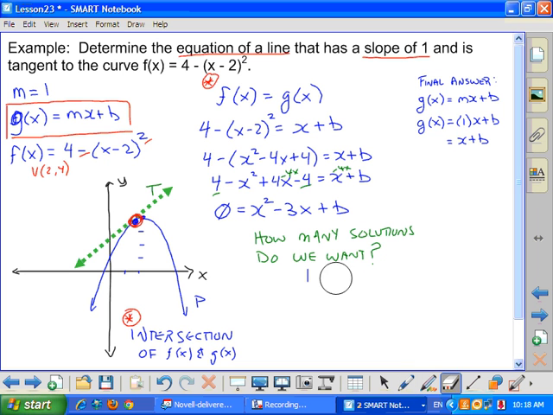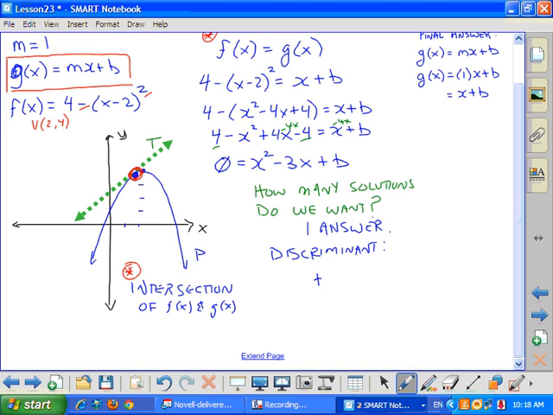Still, if you go back to your knowledge of grade 10 or 11, for that to occur, the discriminant, b squared minus 4ac, must equal 0.